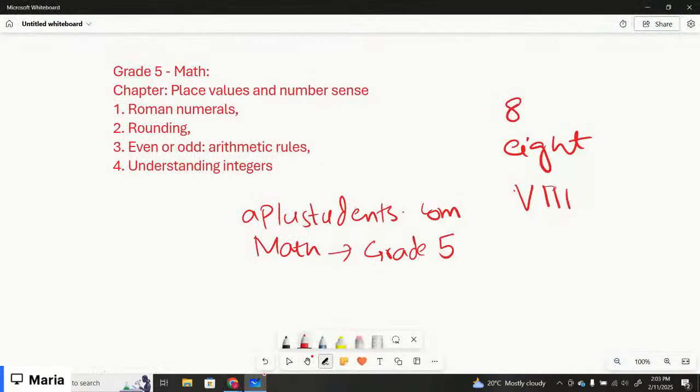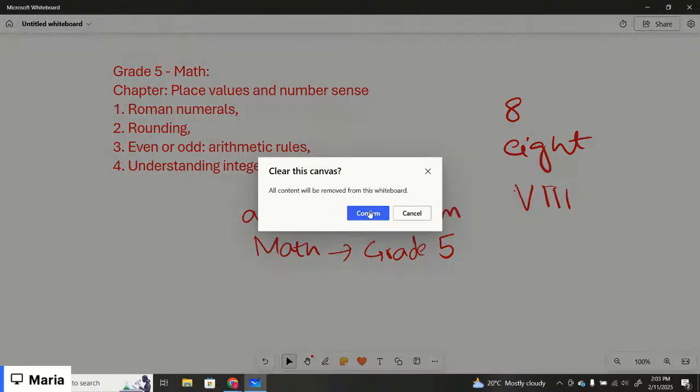So I'm going to write them down, the very basic Roman numerals over here. You can note them down on your board so that you can know them easily. For example, I is for 1, right? Then you have V is for 5. So if you keep adding 1 on the right hand side of the V, the numbers are getting greater and greater.